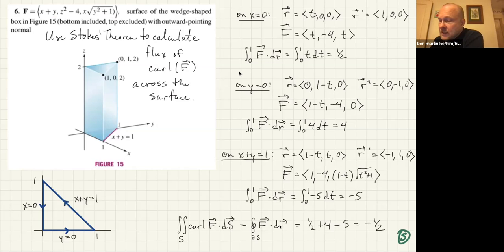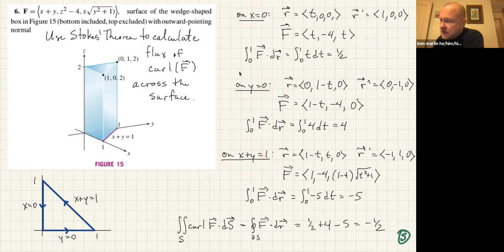Or we can take the vector field and just do the line integral on these 3 lines here. I tend to think that that's going to be easier.